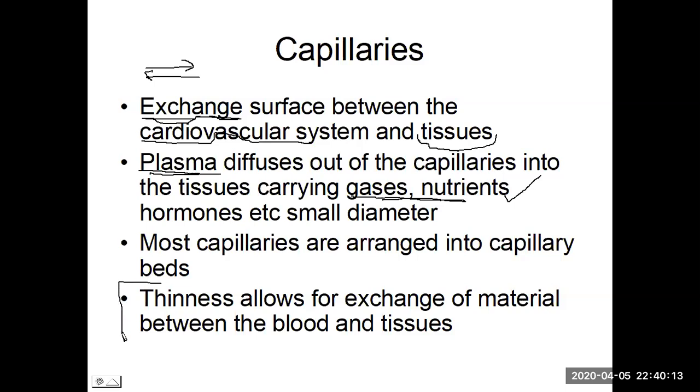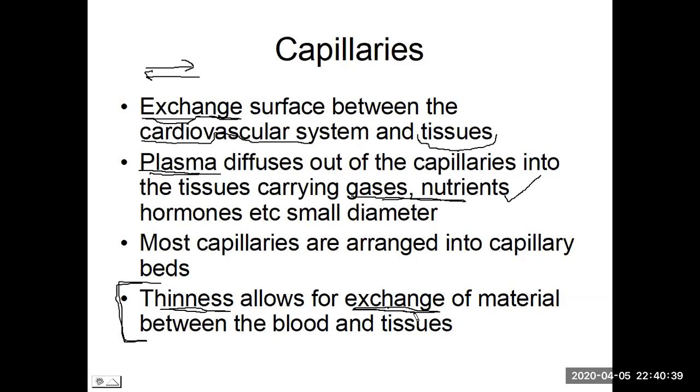Capillaries, in contrast to arteries and veins, do not have the three tunic structure. Capillaries are extremely thin and delicate, and capillaries also have pores. So there's holes and pores in their tissue. And again, this allows for the ease of diffusion. So a thin, delicate tissue, as well as porous.